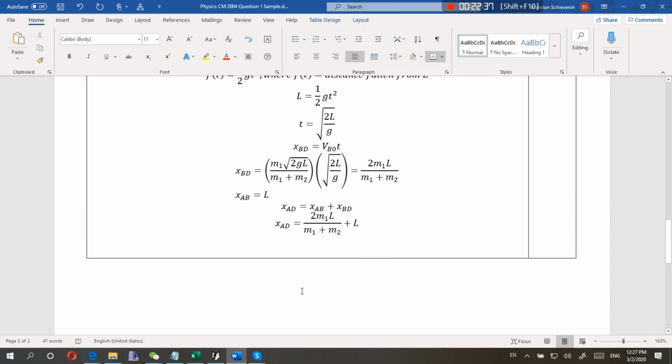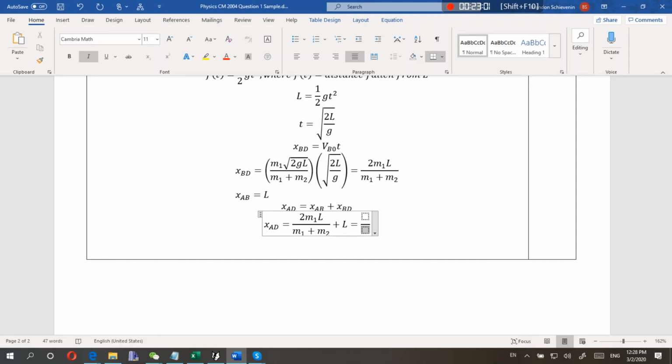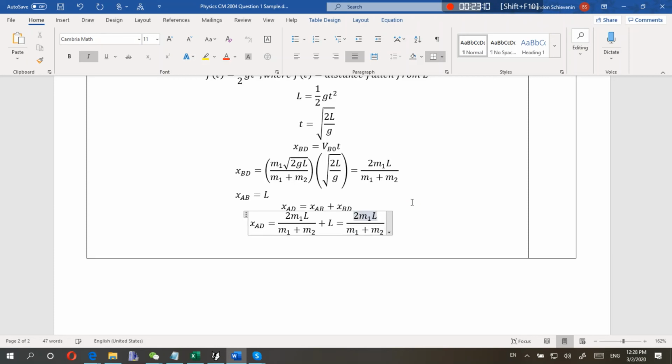Okay, so let's simplify this a bit. Can we just leave it like that? I'm not sure. Let's simplify it anyways. So if I'm going to make this into one fraction, what do I do? We have to multiply by M1 plus M2. So all of this will be over M1 plus M2. On top I would have my original term, 2M1L, plus L times M1 plus M2.